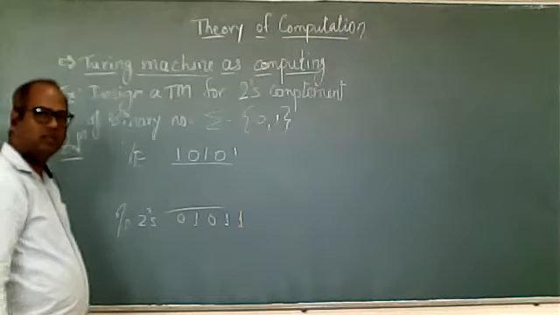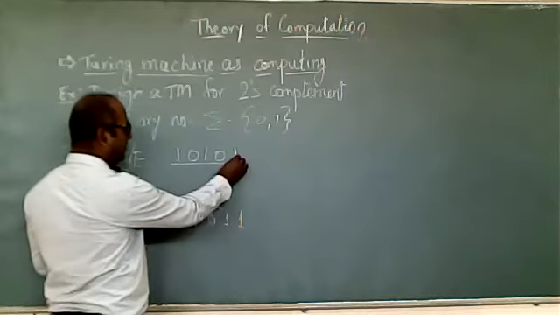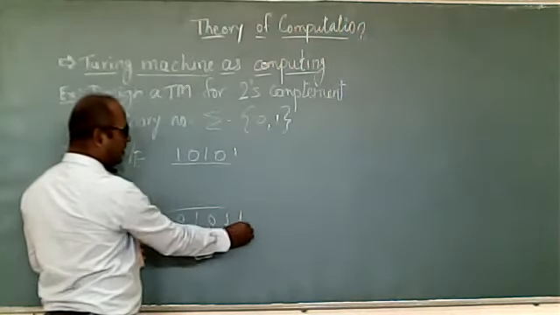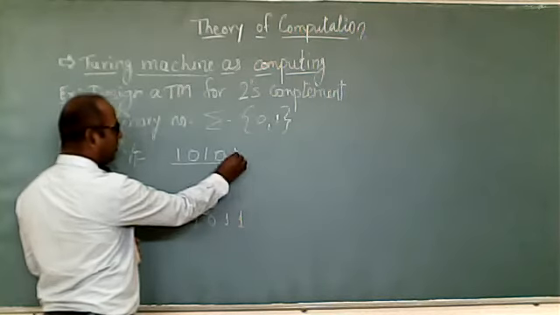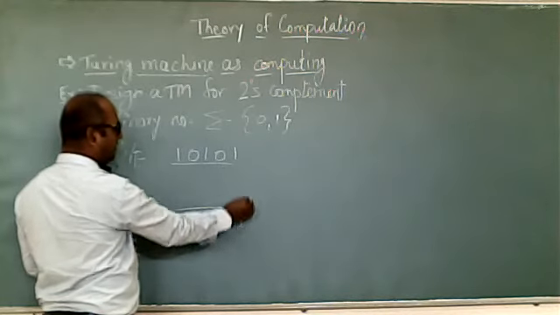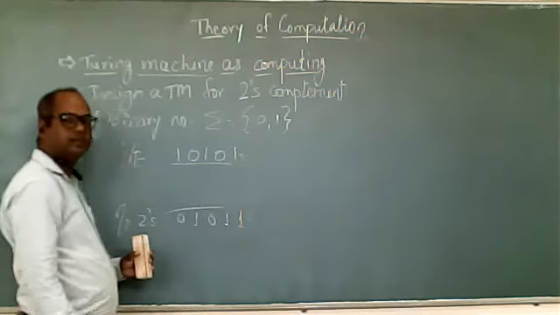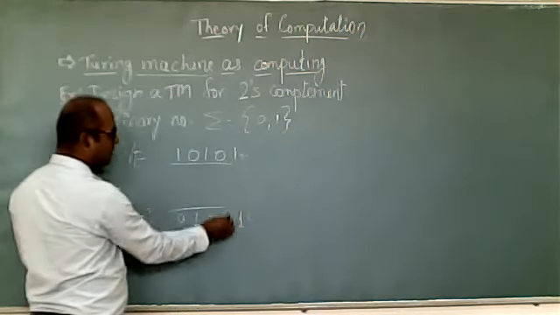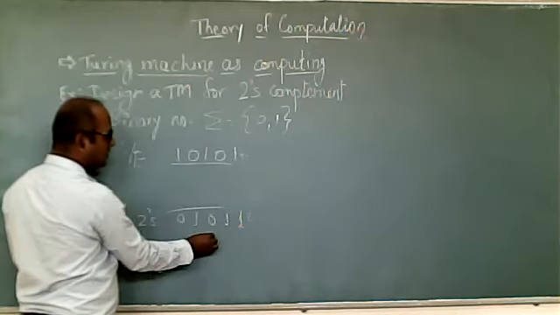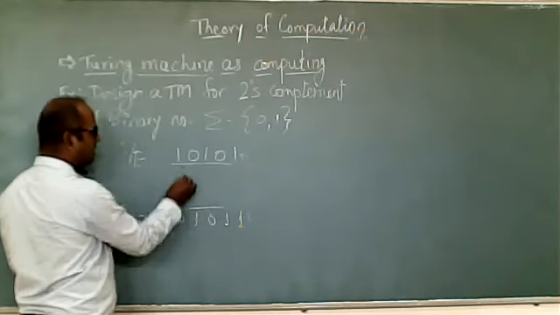How am I getting this output? The 1 on the right hand side stays as it is. After that, this 0 becomes 1, 1 becomes 0, 0 becomes 1, 1 becomes 0.